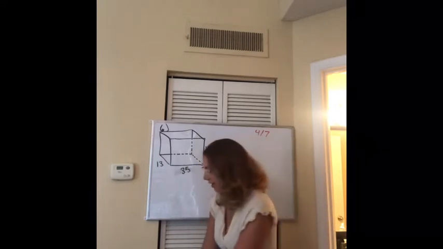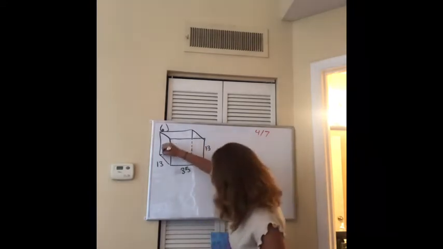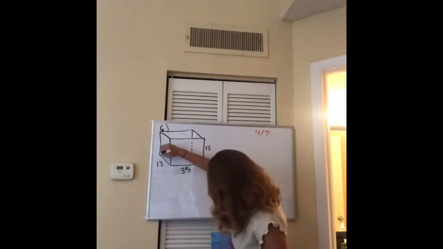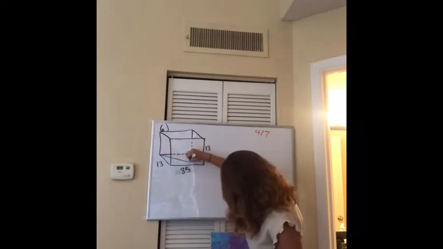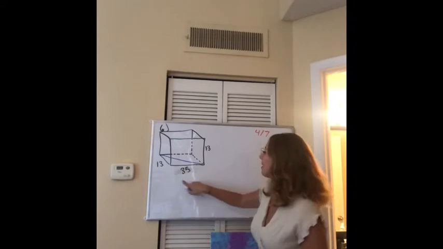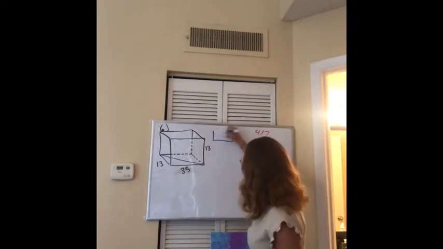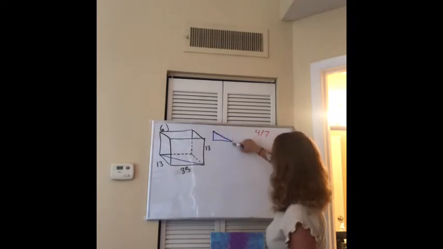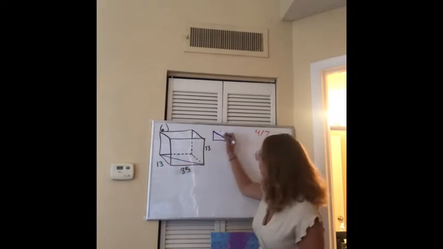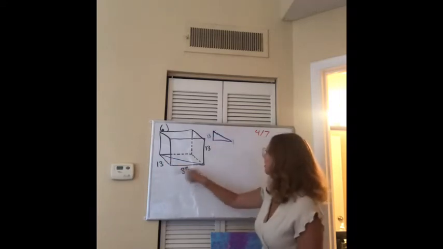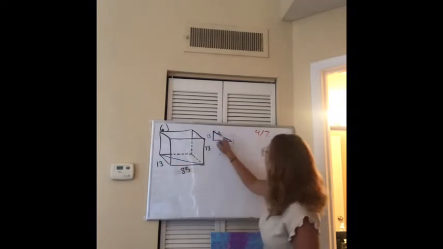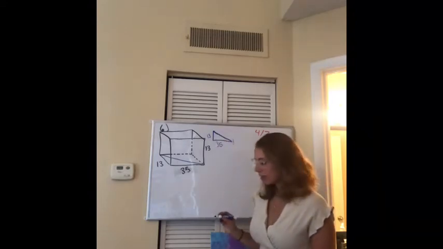Well, let's find the diagonal of the box. This diagonal right here would be this triangle. This direction is 13. This direction is 35. And they're looking for the length of the diagonal.